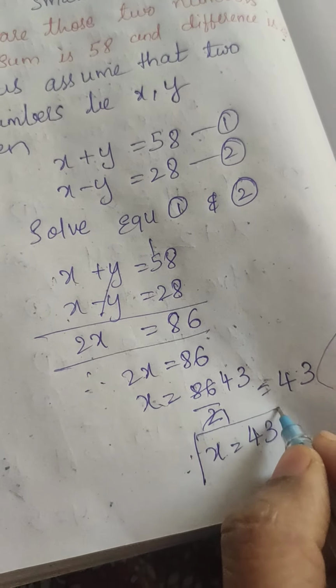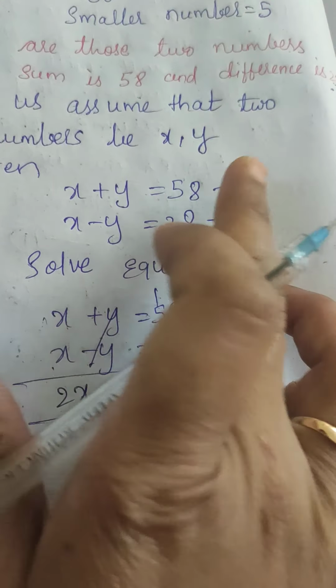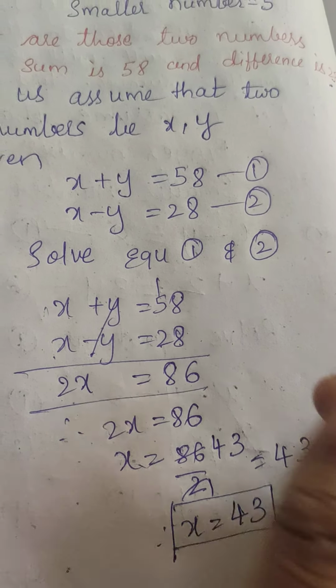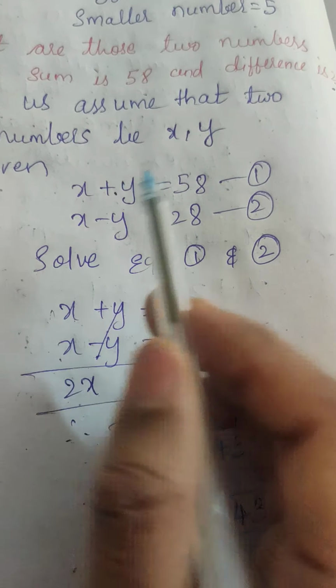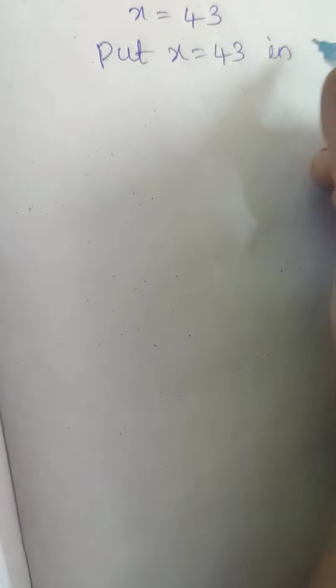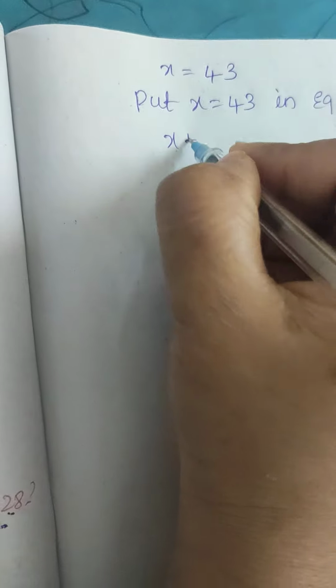Now to find the value y, replace x is equal to 43 in either equation 1 or equation 2. Now I will put x in equation 1. Put x is equal to 43 in equation 1. What is equation 1? x plus y is equal to 58.